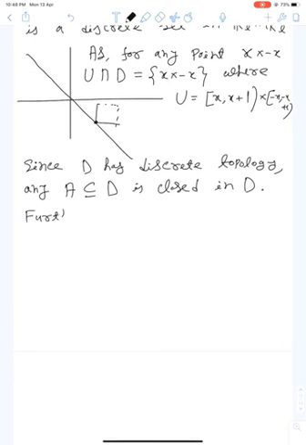So further, D is closed in RL cross RL. We have proved that, and any subset of D is closed in D because D has discrete topology.